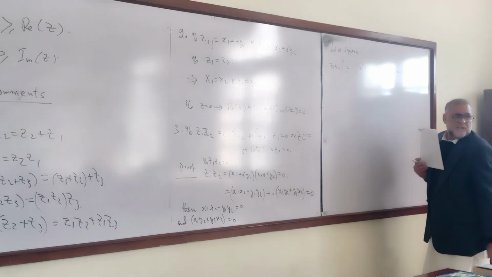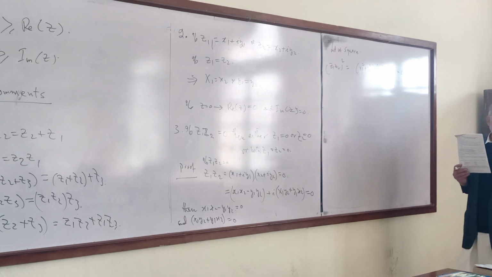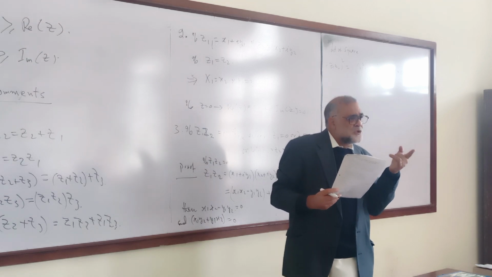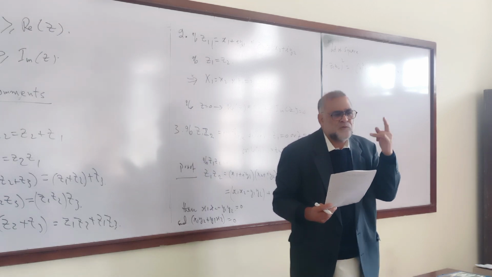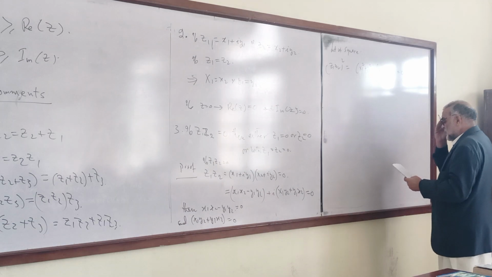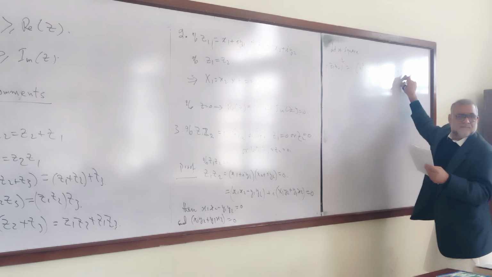The cross parts will be cancelled, so we get this equal to 0.